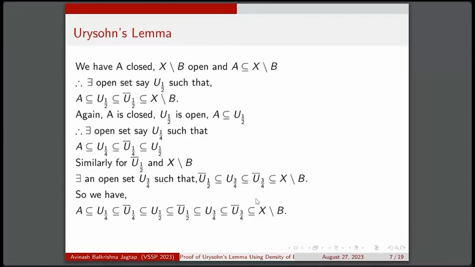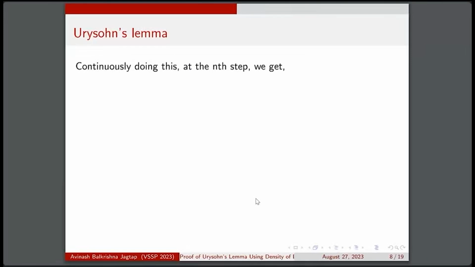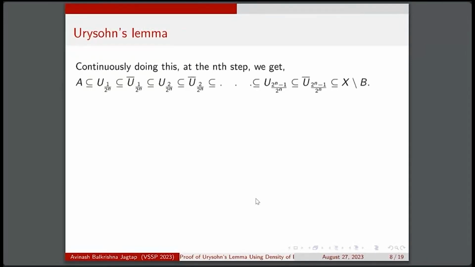So from the above two inclusions, we have A is a subset of U_{1/4} and so on, up to U_{3/4} closure, a subset of B complement. Now continuing this, at the nth step, we will get the inclusions A is a subset of U_{1/2^n} and so on, up to U_{(2^n-1)/2^n} closure, a subset of B complement.